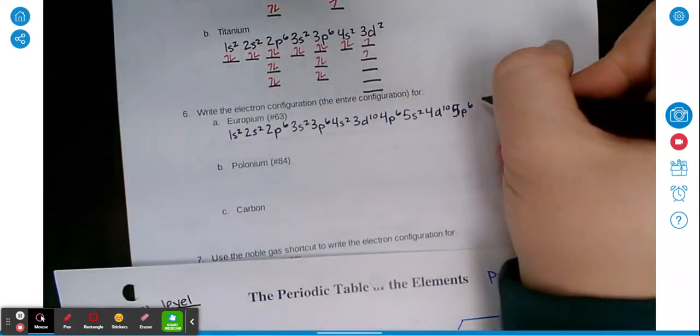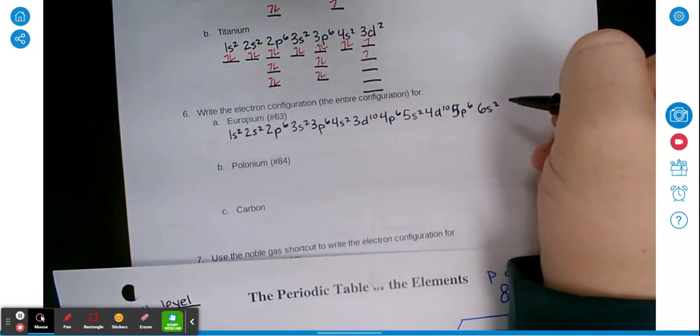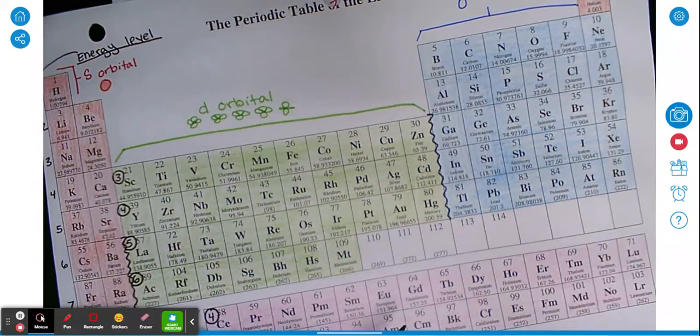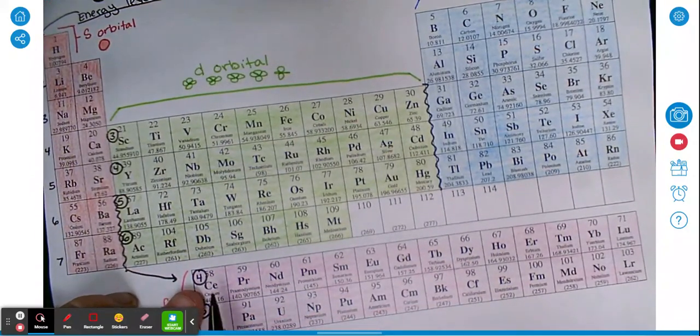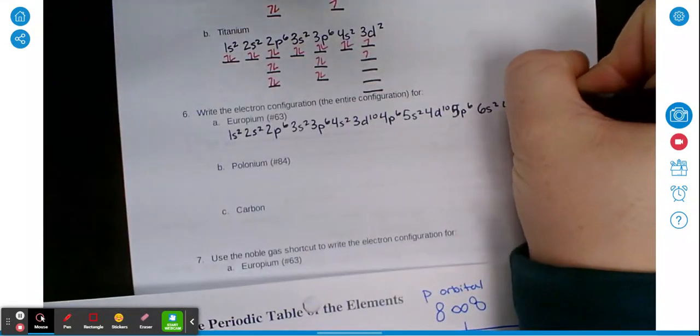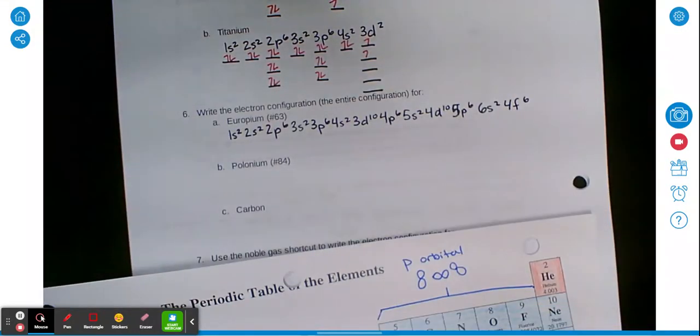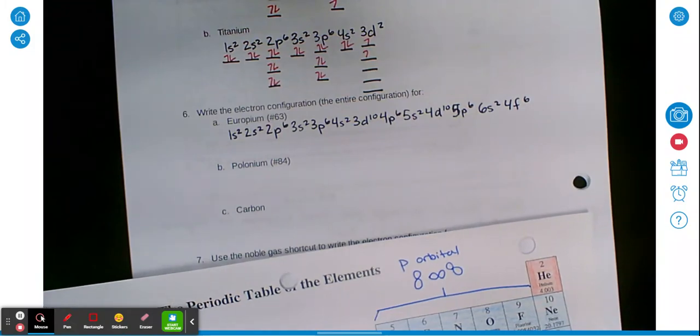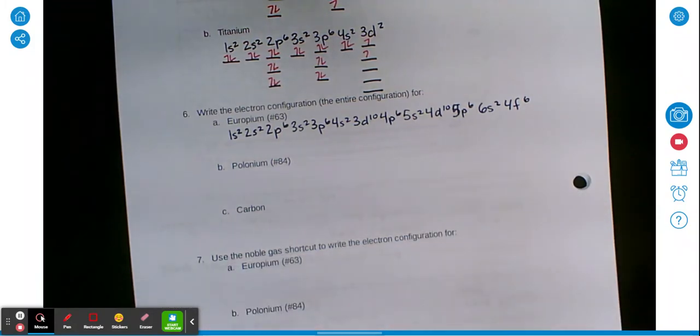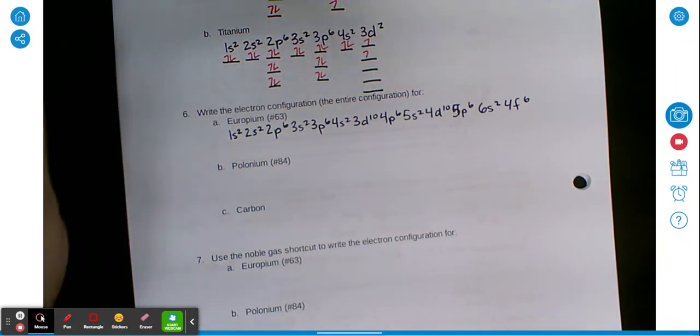I'm going to write that before I forget. 6s2, and then 4f, 1, 2, 3, 4, 5, 6, 4f6. Right? 1, 2, 3, 4, 5, 6. Yep, 4f6. So that is the electron configuration for europium. And I don't have to do the arrows because it didn't say orbital diagram.